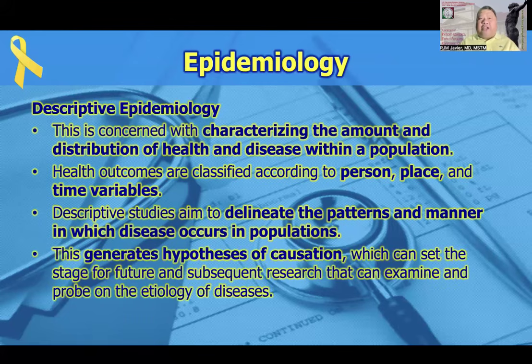Descriptive epidemiology, in its strictest sense, will allow us to generate hypotheses of causation, which can set the stage for future and subsequent research that can examine and probe on the etiology of diseases. I want to be clear in stating that when we refer to causation, this is often the type of association that we want to establish.